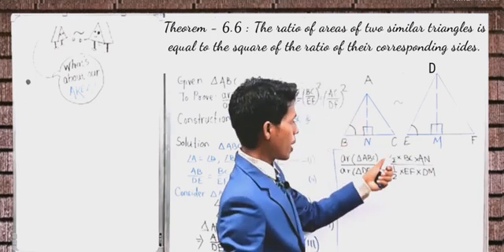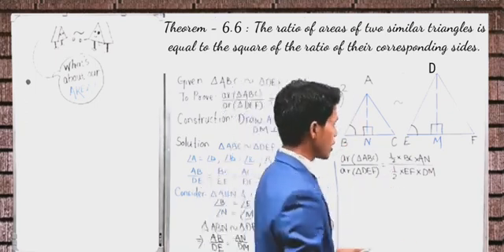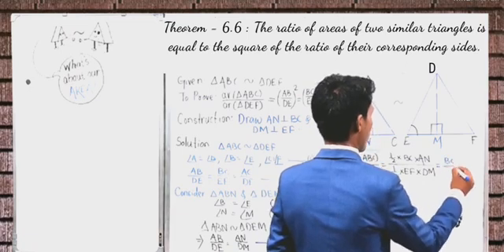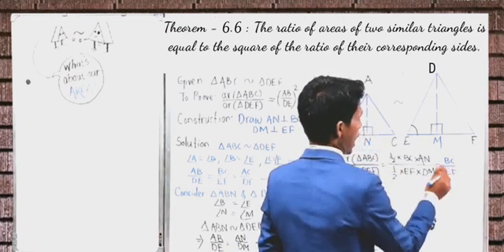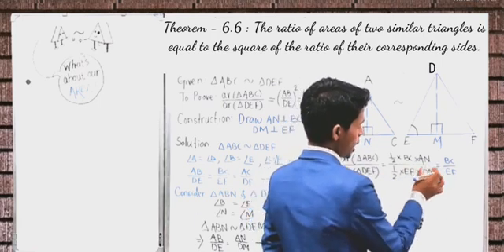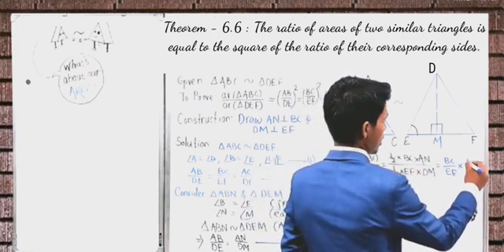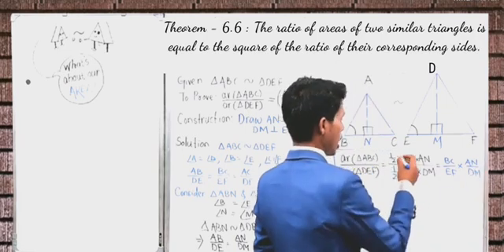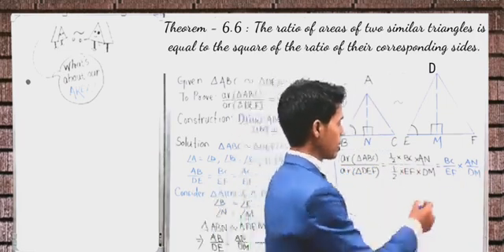So here 1 by 2 and 1 by 2 gets cancelled. So we will get now BC upon EF. Let's write this by separating these two fractions, and here you will get AN upon DM.